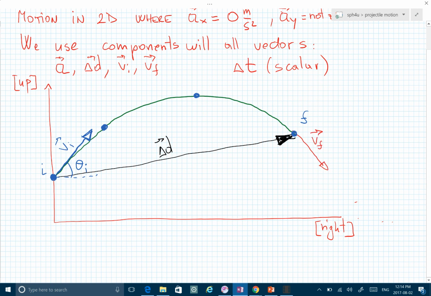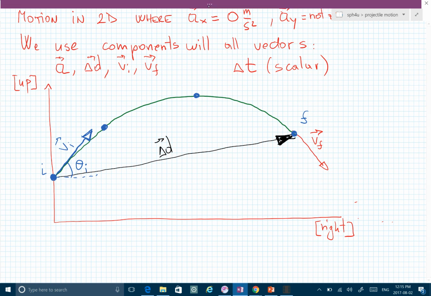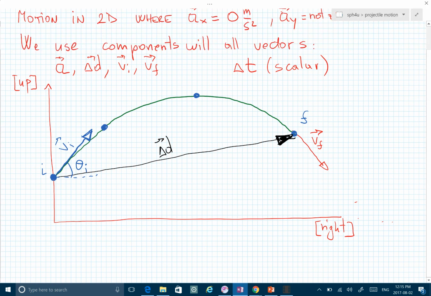V final, okay? And of course we have the acceleration. And remember that the acceleration is only downward under the influence of gravity, 9.8 meters per second squared pointing down, of course, here on Earth, right?